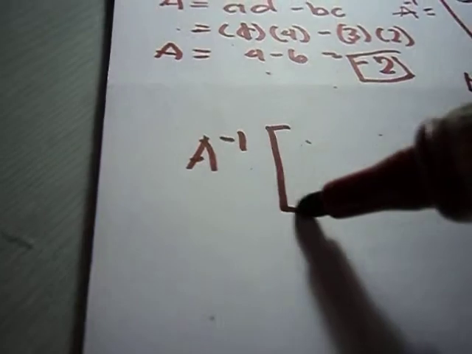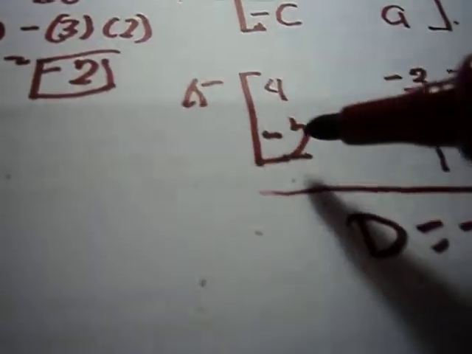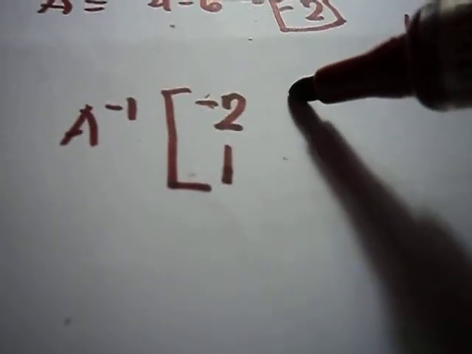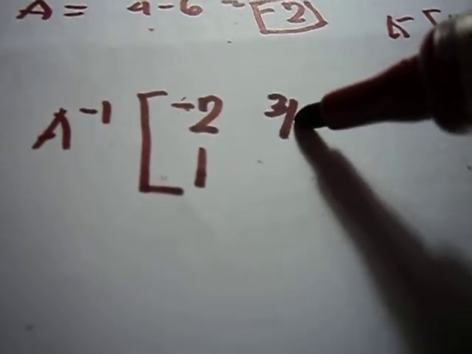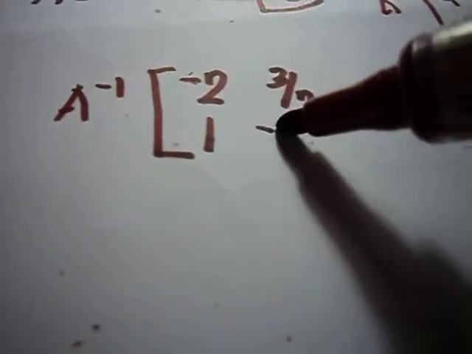So our inverse now would be equal to 4 divided by negative 2, obviously that's negative 2. Negative 2 divided by negative 2 is positive 1, and negative, then negative, that's positive 3 over 2, then 1, negative, that's negative 1/2.